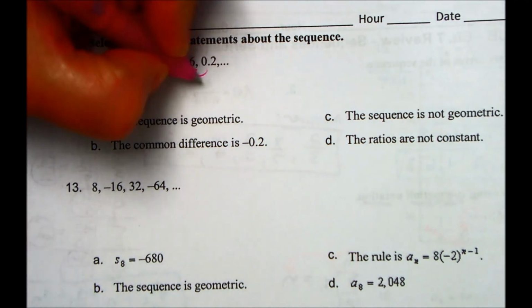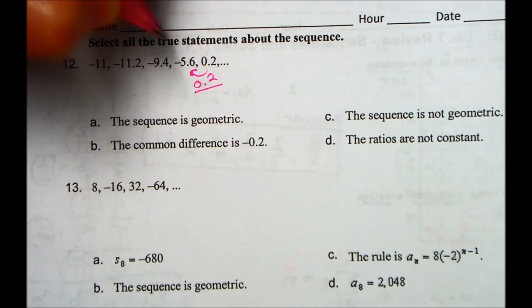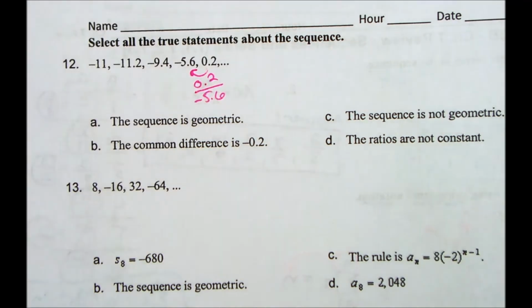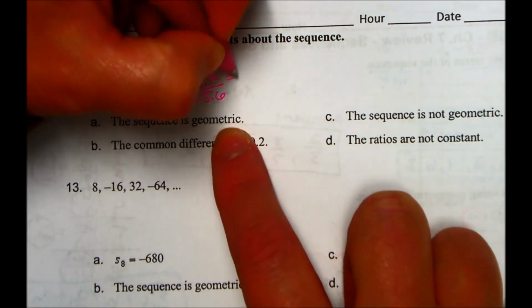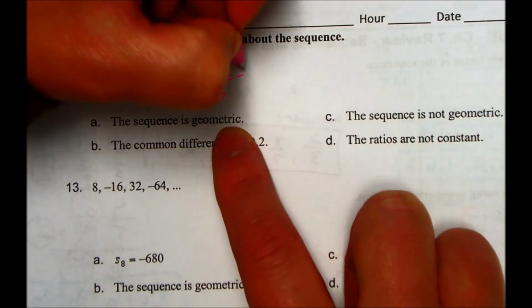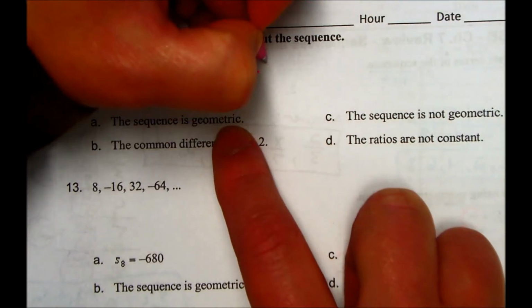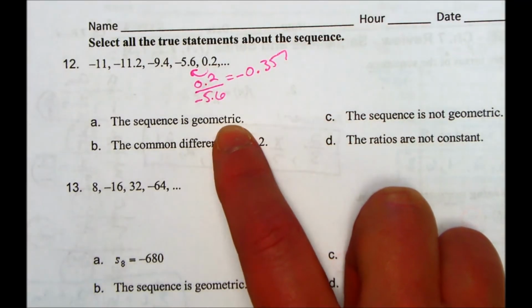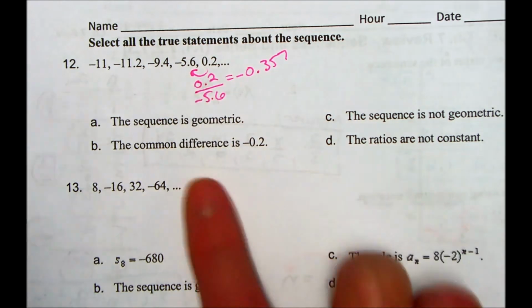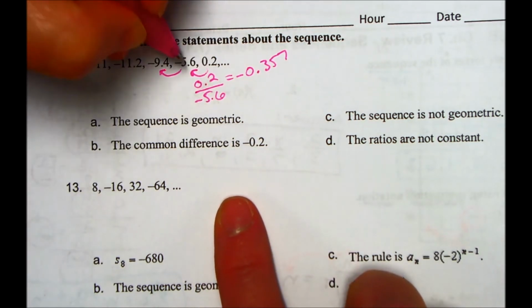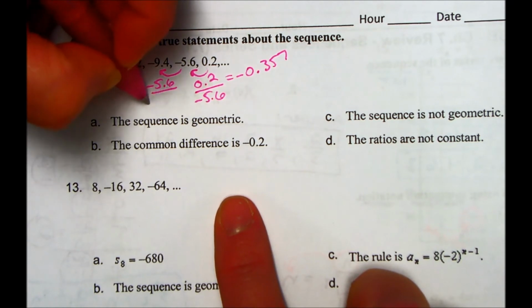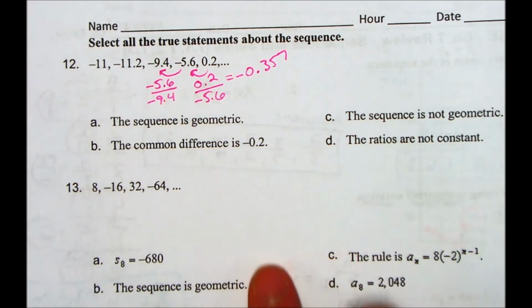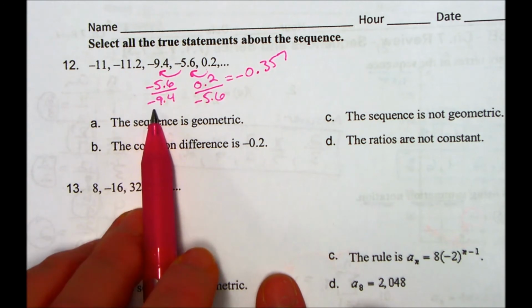But if I divide right to left, 0.2 divided by negative 5.6, let me grab a calculator, equal to negative 0.357. And then if I try the next two terms, if I divide the negative 5.6 by the negative 9.4, well, I can already tell that's going to give me a positive value.